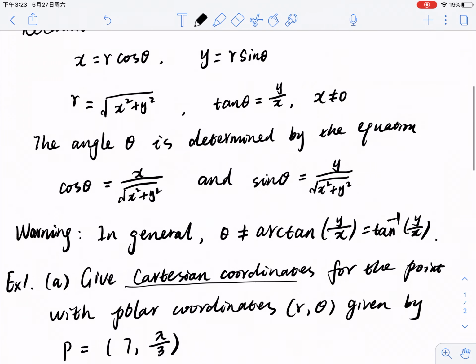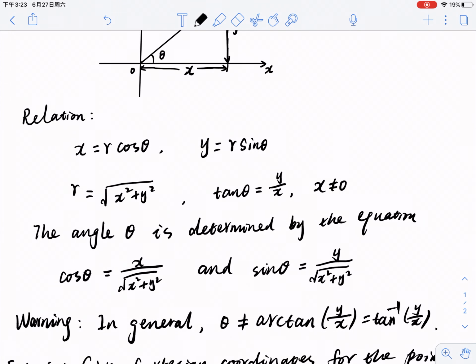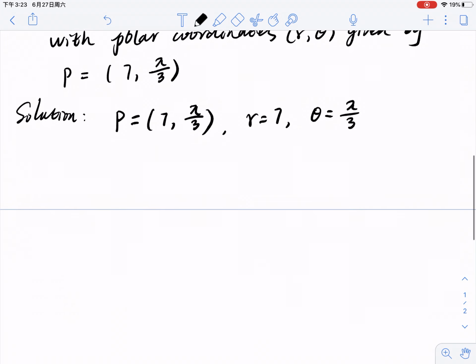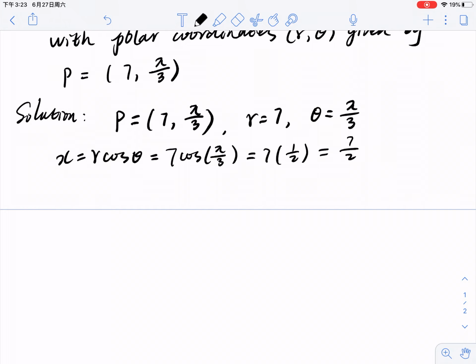By the relation between Cartesian and polar coordinates, x is r cosine theta, y is r sine theta. X is 7 cosine pi over 3, so it's 7 times 1/2, which is 7/2.